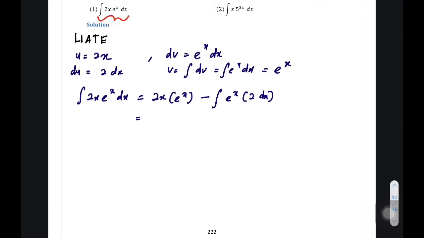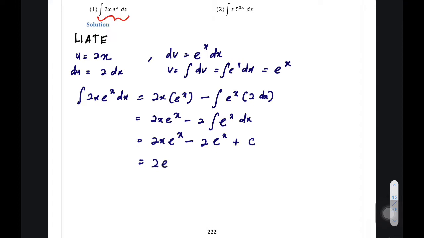Rearranging, we get 2x e power of x minus 2, putting that 2 outside, integral of e power of x dx. Integrating e power of x, you still get e power of x plus c. Or you can take out 2 e power of x, leaving x minus 1 in the bracket, plus c. This is your final answer.